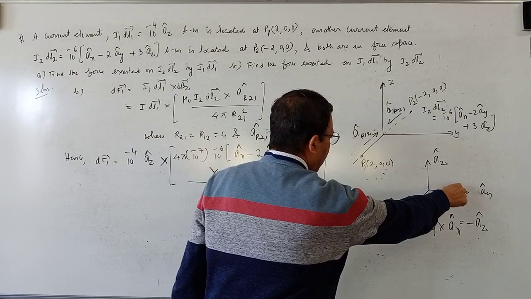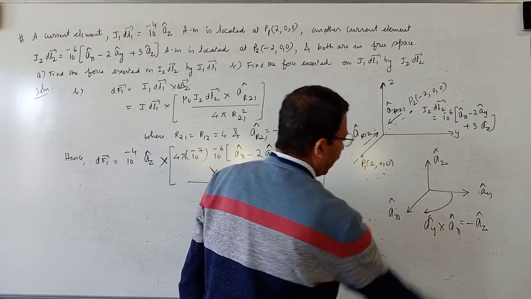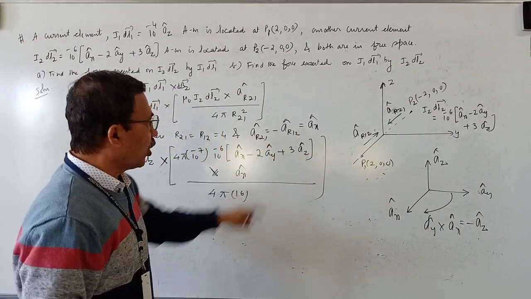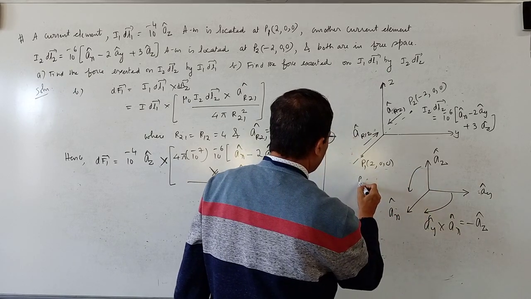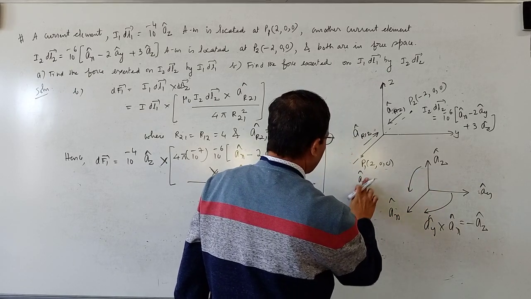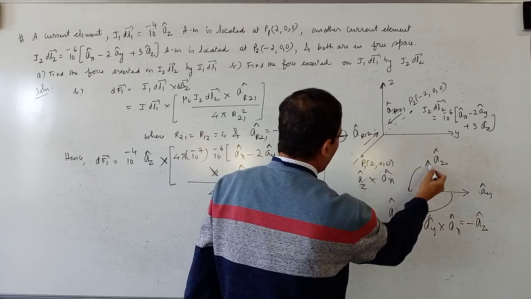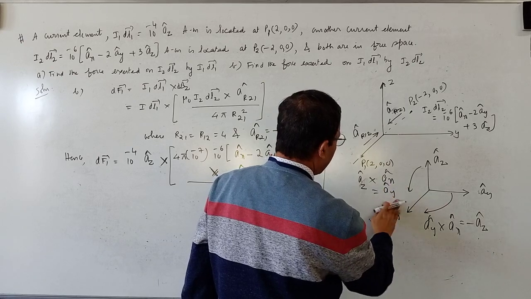If you are traveling from AY cap to AX cap in the clockwise direction, hence the minus sign here. Next, AZ cap cross AX cap. Movement is anti-clockwise. Therefore, you get AY cap.